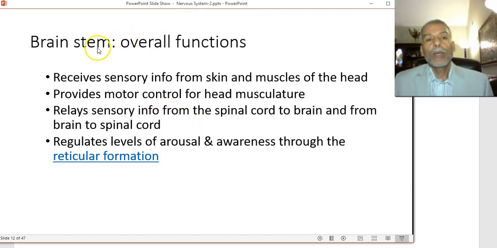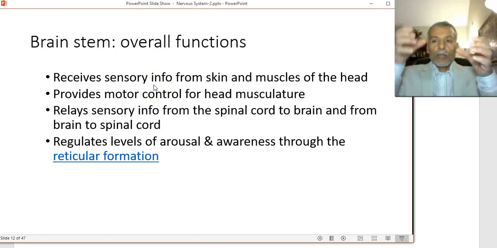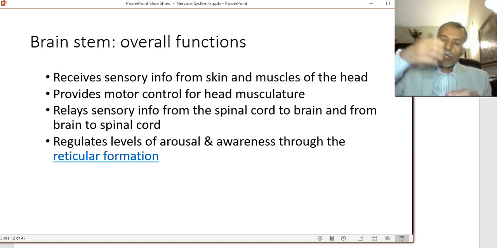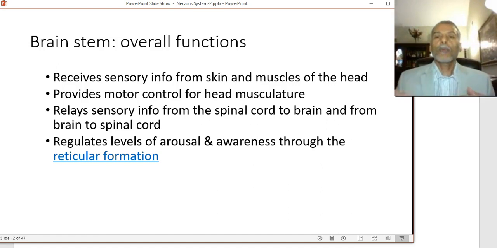So overall, you think of the brainstem as cables. One series of nerves brings sensation from the rest of your body up to the top of the brain. So sensory information travels up, coming from skin and muscles of the head and the body.